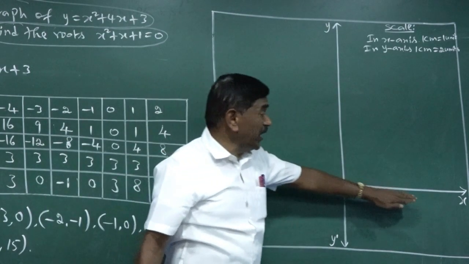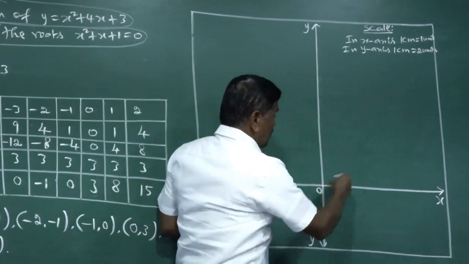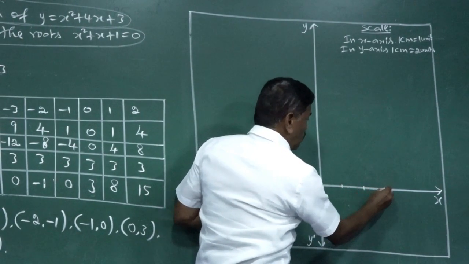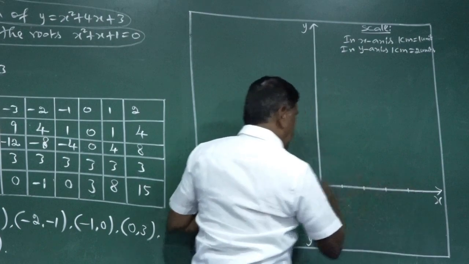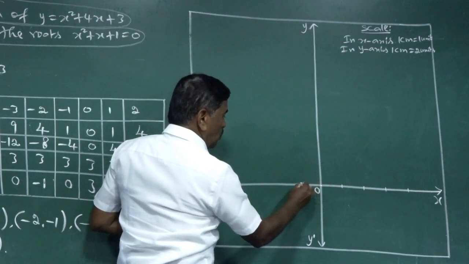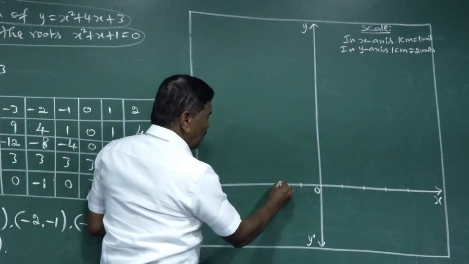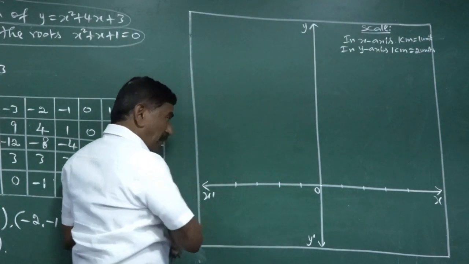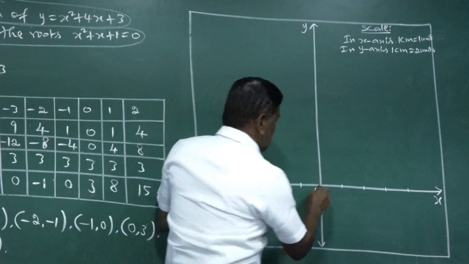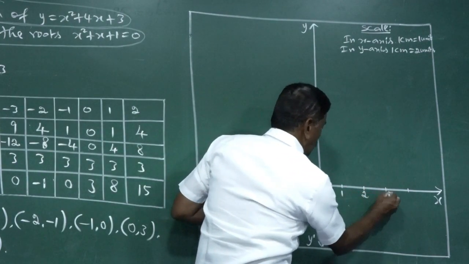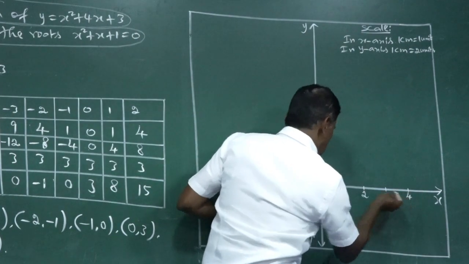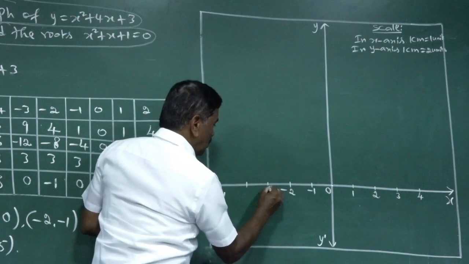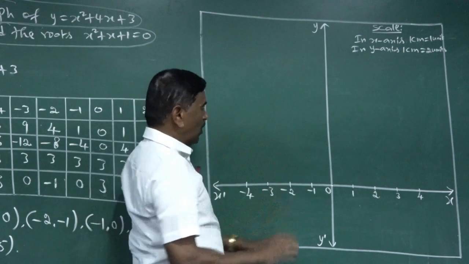Now, we told along the x-axis 1 centimeter equal to 1 unit. So on the right side 0, 1, 2, 3, 4. Left side, listen, 0, -1, -2, -3, -4, -5, etc. Okay.